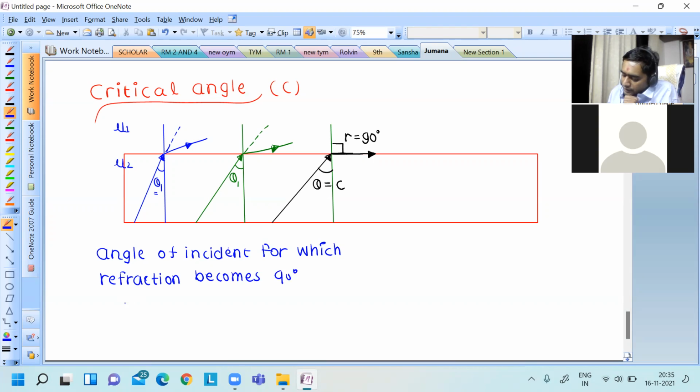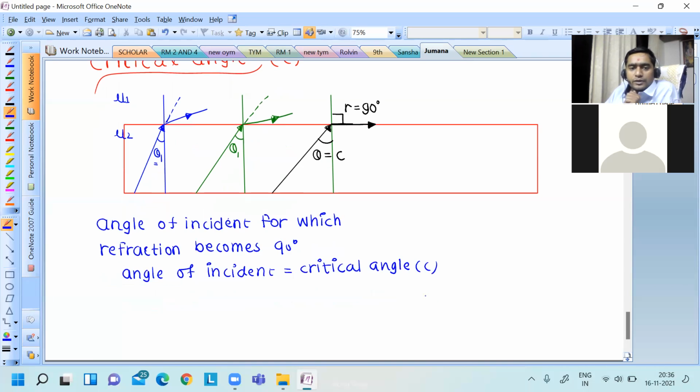That angle of incidence is called our critical angle, C.